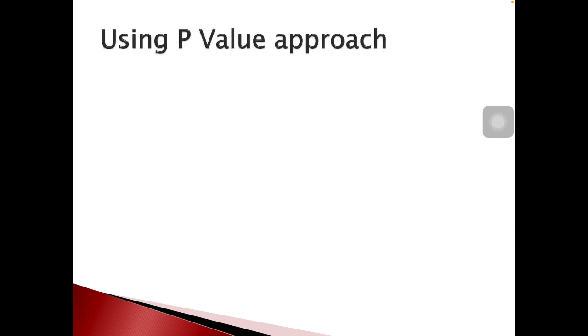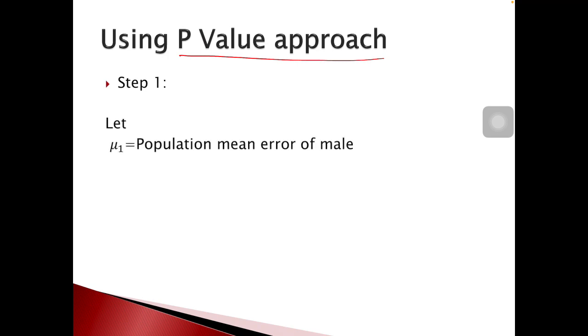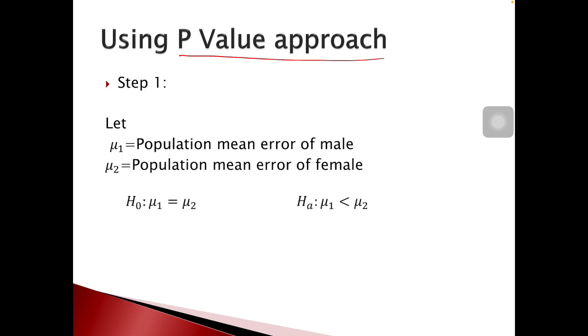Now see how we get the same results using the p-value. If you use the critical value approach or the p-value approach, it doesn't matter, you will get the same answer in the end. The first few steps are very similar. We have to define our mu1 and mu2, then your null and alternative hypotheses, and then alpha.